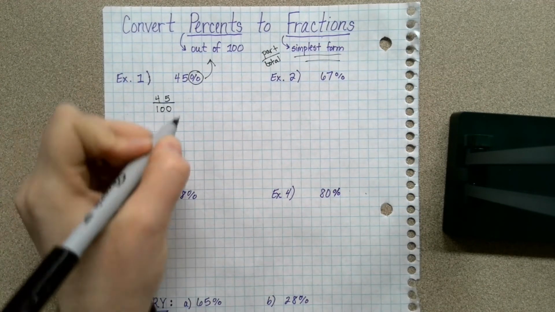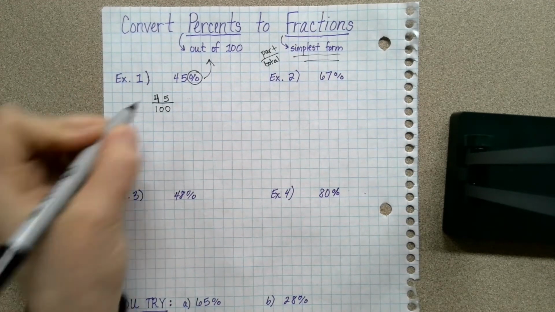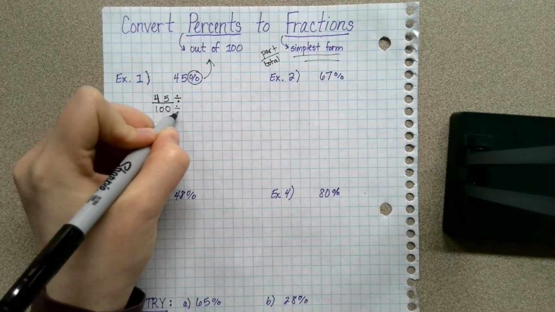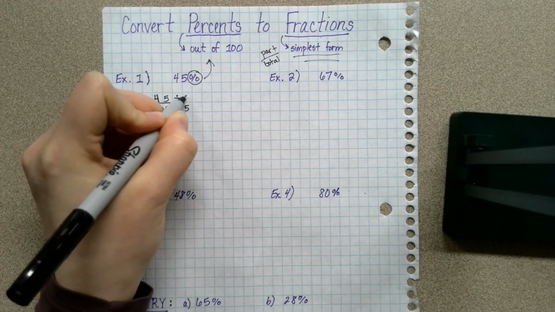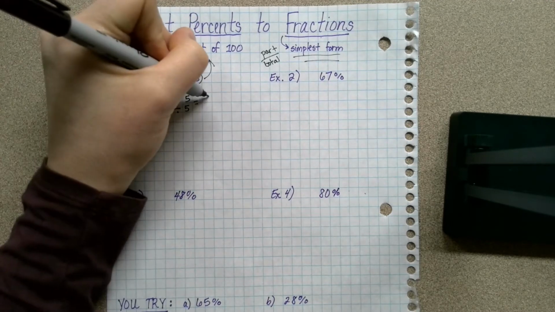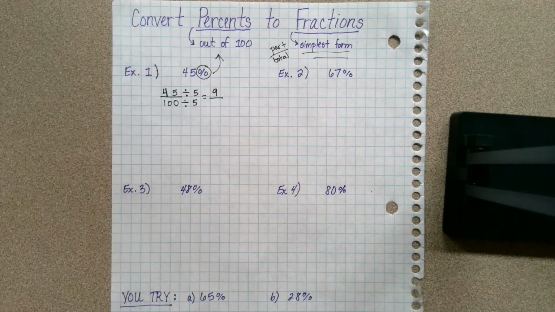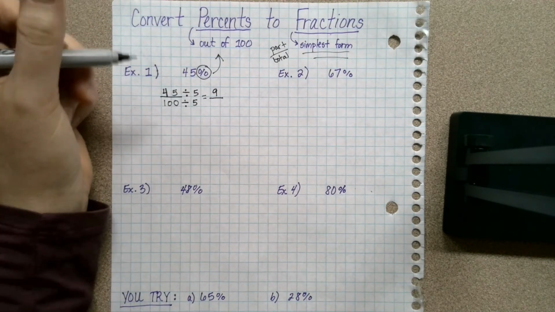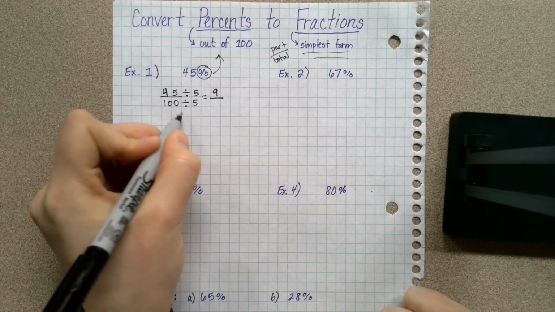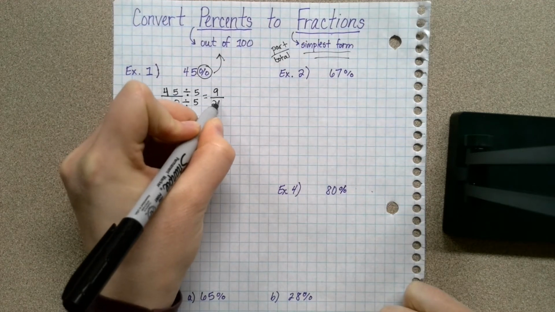And then from here, we have to simplify using division. So in this case, because I have one number ending in a 5, one number ending in a 0, we're going to divide by 5 to start with. 45 divided by 5 gives us 9. 45 divided by 5 was 9, so now we have to divide by the same value. 100 divided by 5 gives us 20.